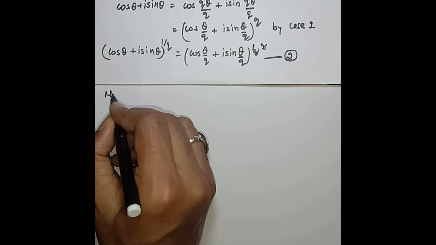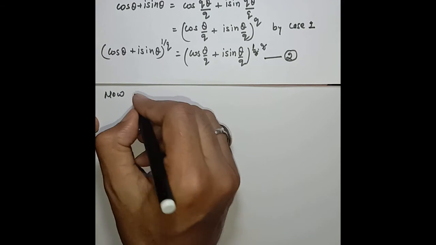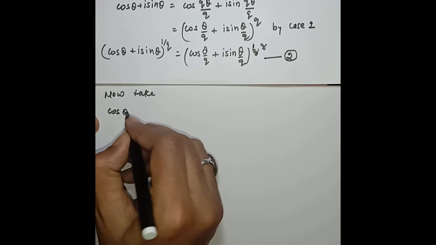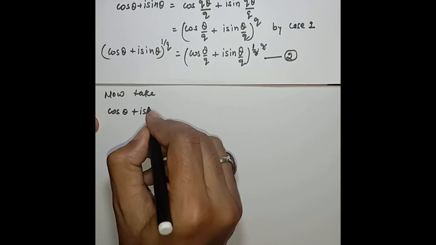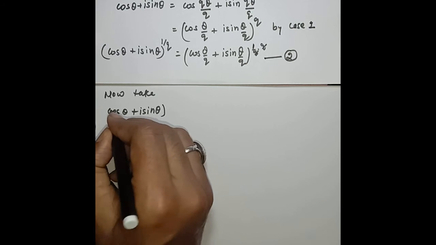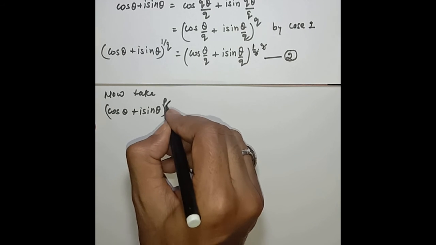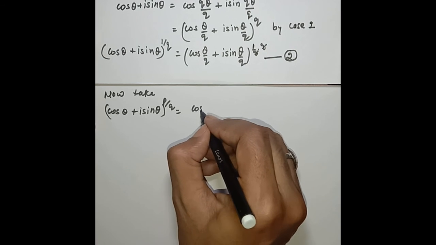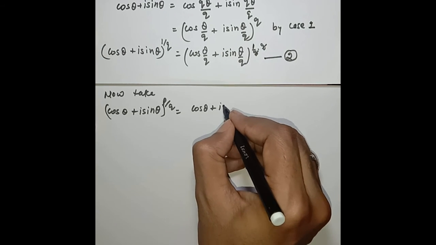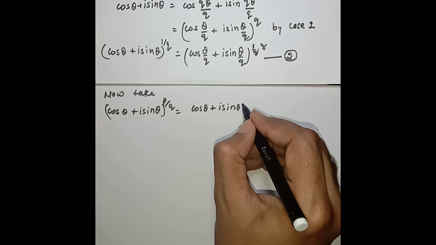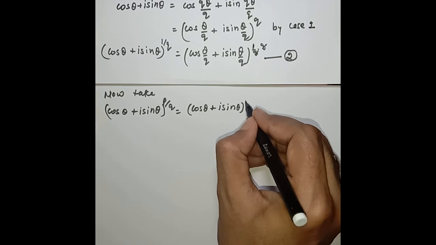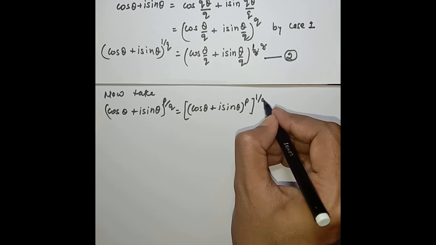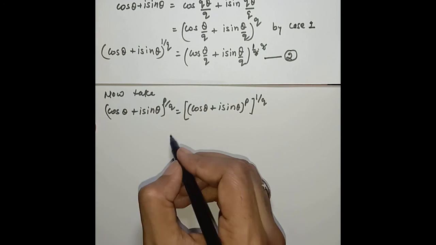Now take (cos θ plus i sin θ) to the whole power p by q. This is equal to (cos θ plus i sin θ) to the whole power p, and into the whole power 1 by q.